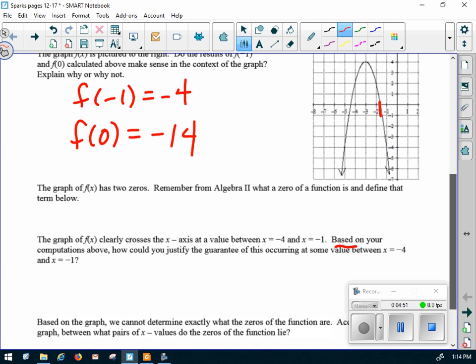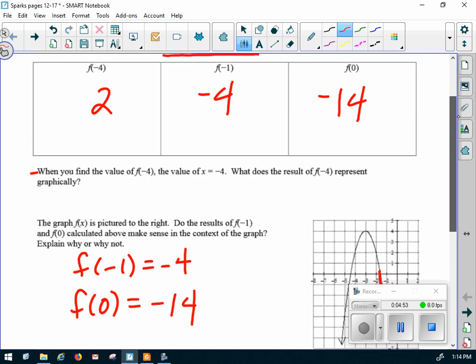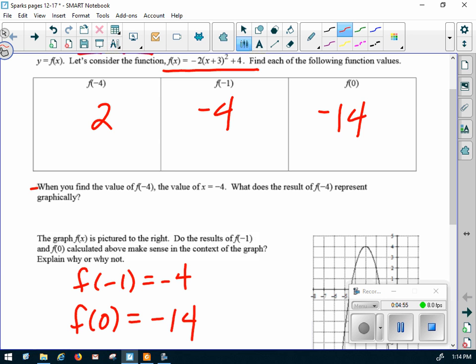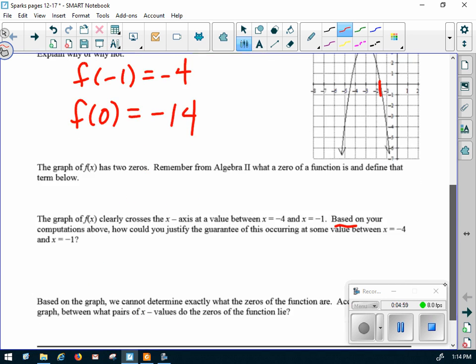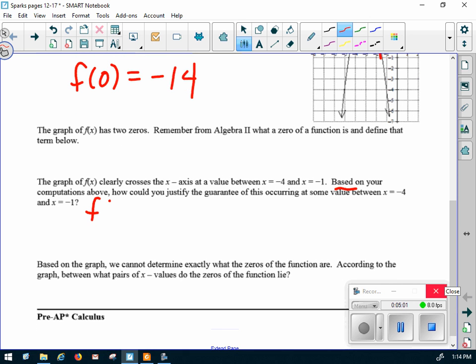Here's the question. Based on these computations that we did right here, we said that f of -4 is 2. And we said f of -1 was what? -4? The question is, how does knowing this guarantee that our curve crosses the x-axis between -4 and -1?